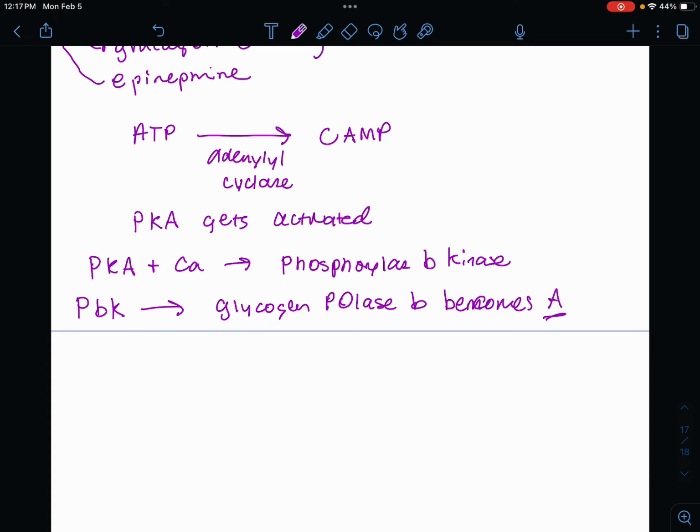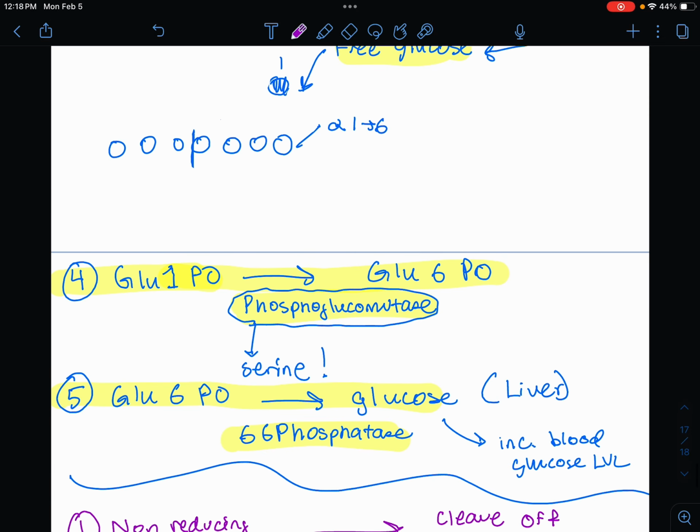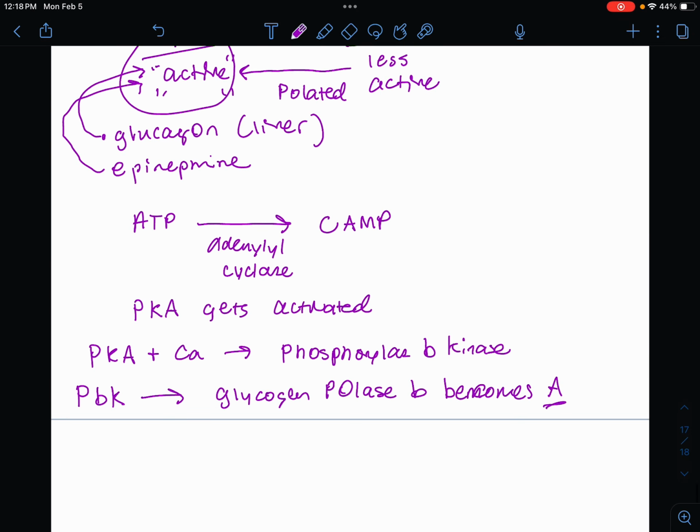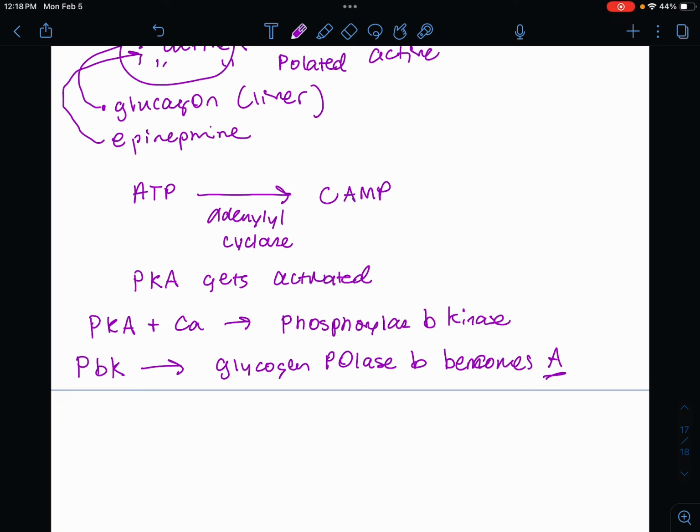They need to be, of course, transformed by the phosphoglucomutase to go into glycolysis, or they could be reverted to regular glucose in the liver. And that's going to require the glucose 6-phosphatase. That's only in the liver. So that's kind of how we have a cascade. Remember, a cascade is involved in the regulation.